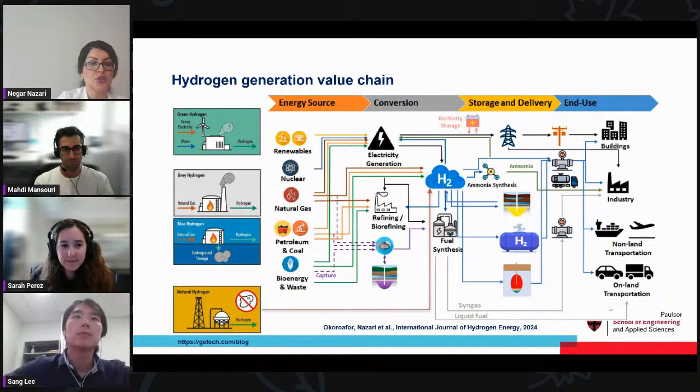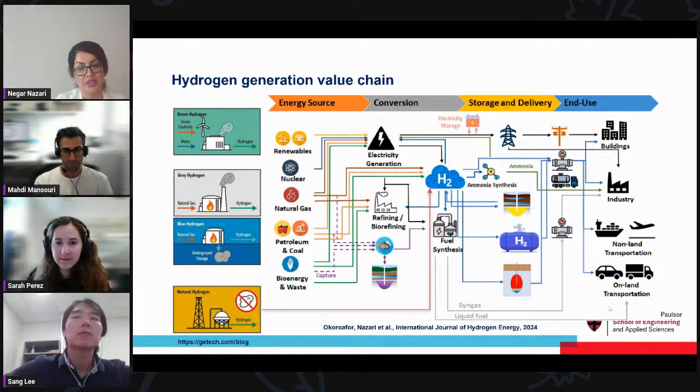The slide shows the hydrogen generation value chain. The figure on the right shows the possible pathways that generate hydrogen from various energy resources, how hydrogen can be stored, and how it can be utilized. Producing hydrogen from natural gas using steam methane reforming is currently the most common and most economical method used to produce hydrogen.